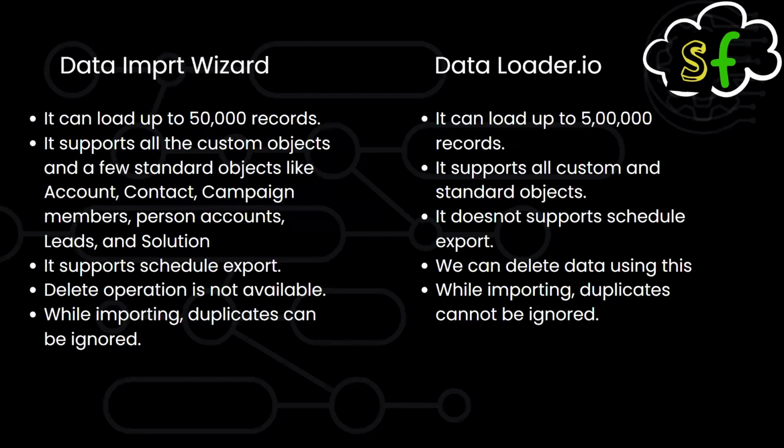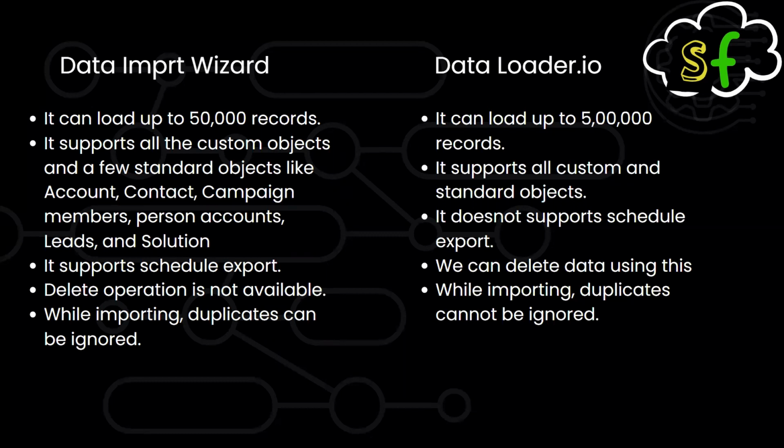Now, the difference between data import wizard and data loader.io. What are the basic differences you can state? These points you can also use if the question is, what is data loader or what is data import wizard. The basic differences are: in data import wizard, you can load up to 50,000 records, but in case of data loader, we can handle up to 500,000 records.